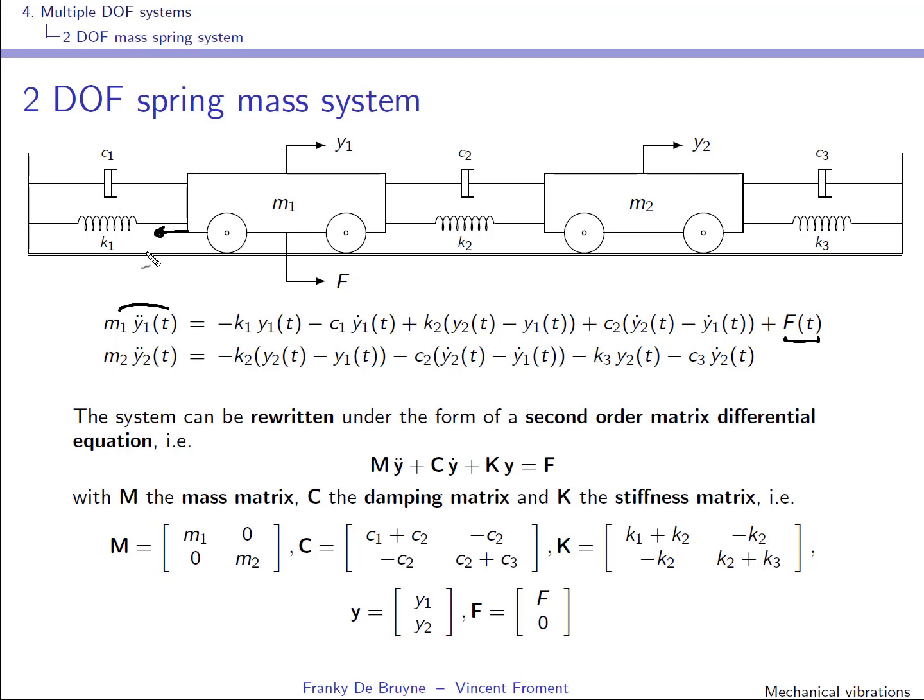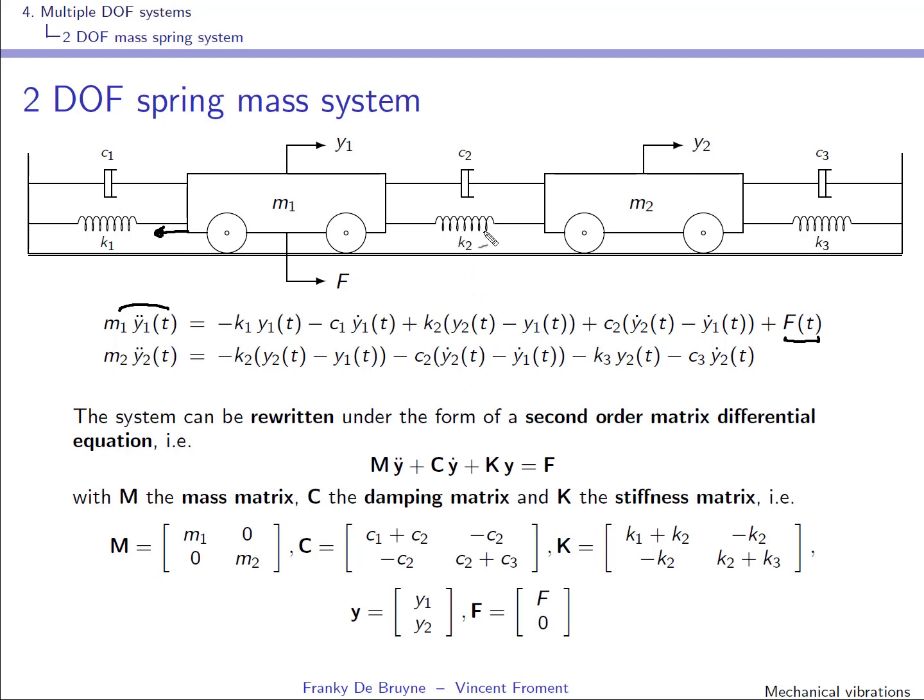that is the restoring force associated to this first spring. And you see that if y1 is positive, and we'll say that y1 is the difference in length with respect to the unstretched length, then the restoring force is indeed in this direction.